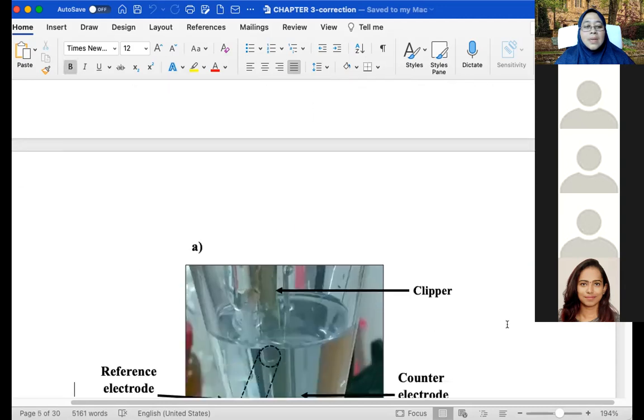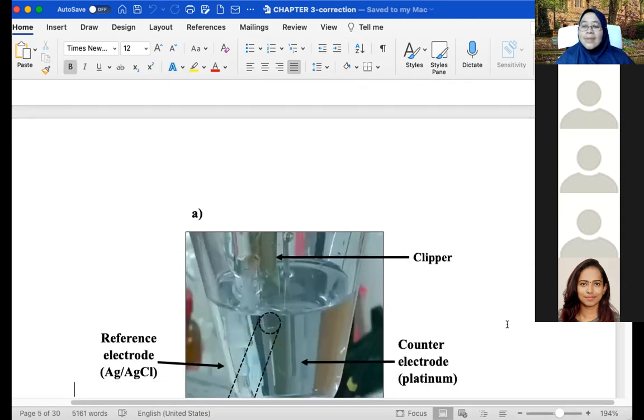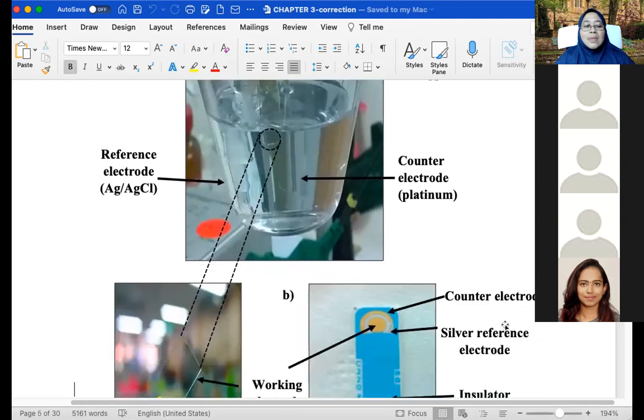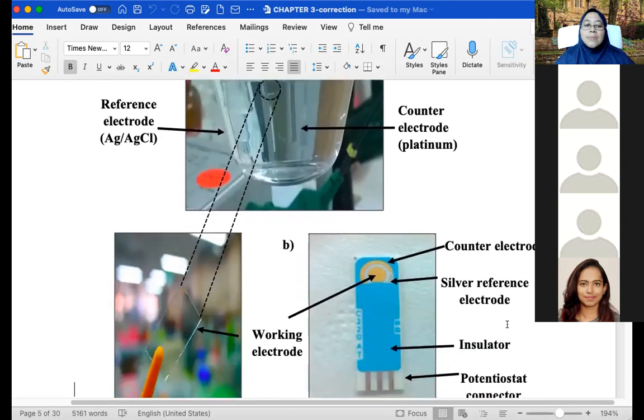You can have photos in the method section. You can have schematic diagrams so that people who read it have a better idea. If it is just in text form, sometimes it's difficult to understand.